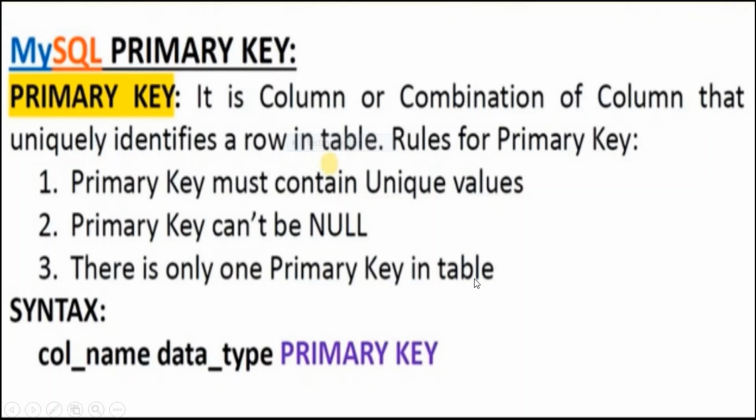We can make the primary key a combination of columns in case we don't have any particular field to make the primary key. But we should keep in mind that roll number is the one that helps us identify the row of a particular student uniquely.